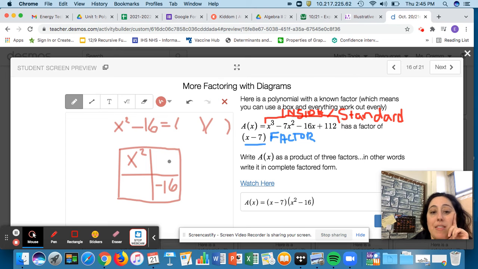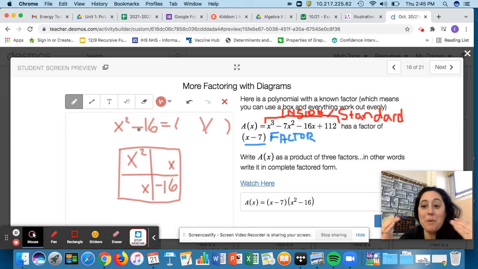I know that these terms would both end in x, and I also don't see any x's, right? That means that when I combine them, they'll have to cancel out. They'll have to make a 0, right? Kind of like how we lost the 0 in here. The way you do that is like 5x minus 5x, 20x minus 20x, whatever it is, it should be the same number with different signs.